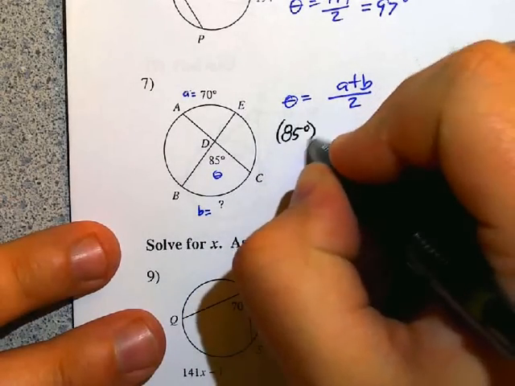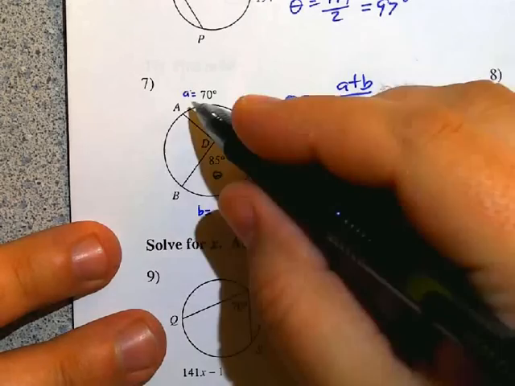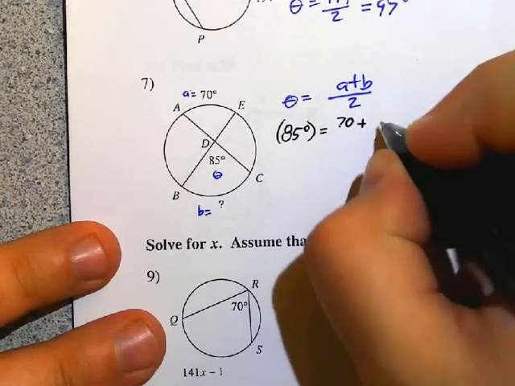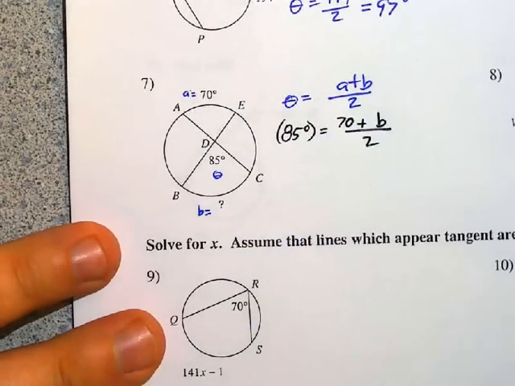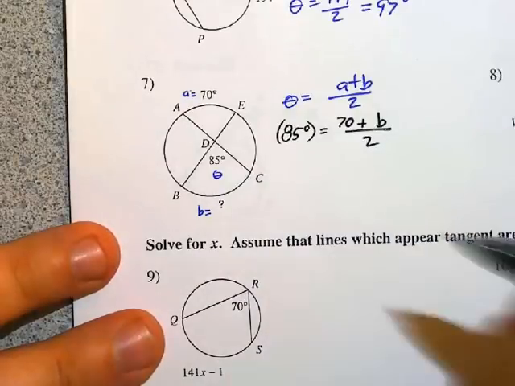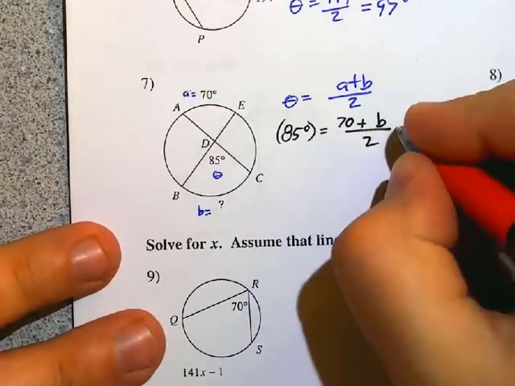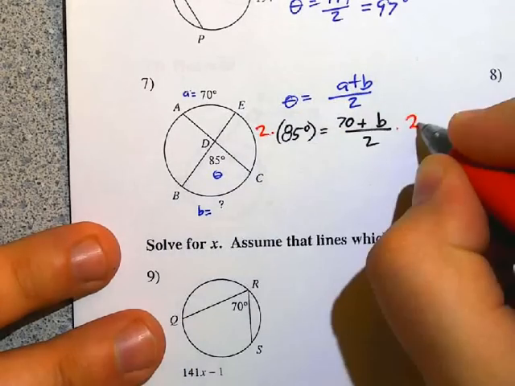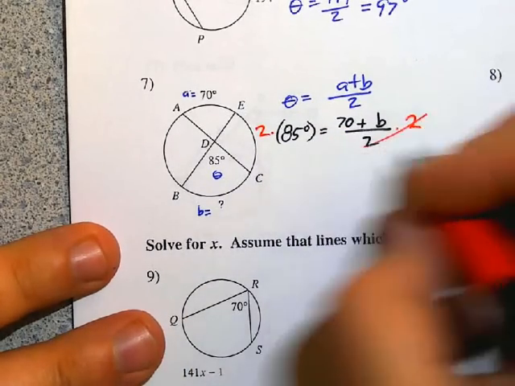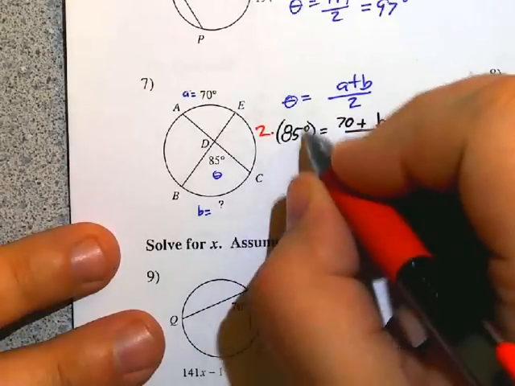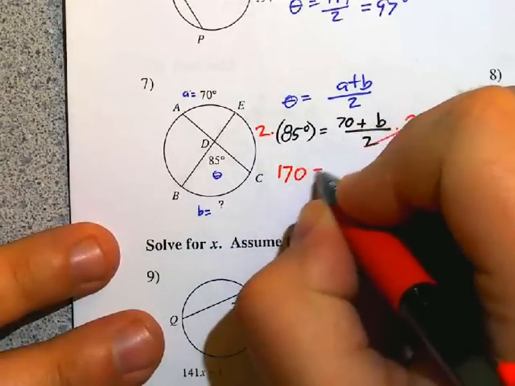So plug in what you do know. I do know 85 for theta. I do know that A is 70. I don't know B. So now I can solve this. This is just like any equation. I want to get rid of the 2 off the bottom. Well, then I better multiply both sides by 2. Those will cancel out. 2 times 80 is 160. 2 times 5 is 10.